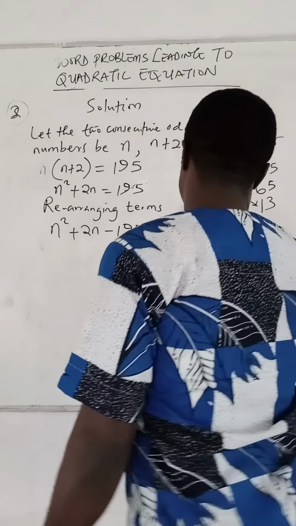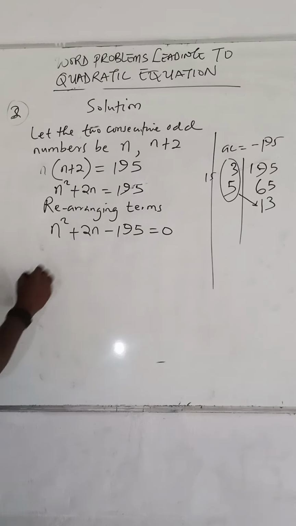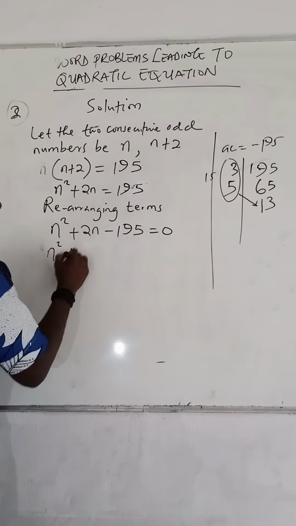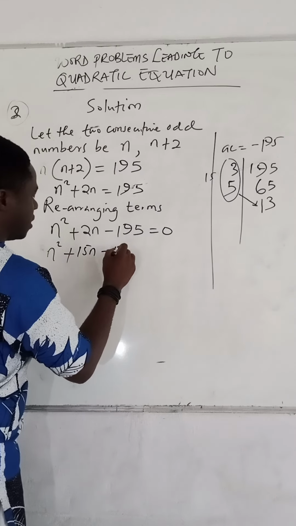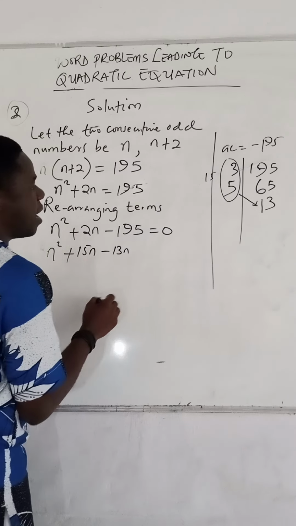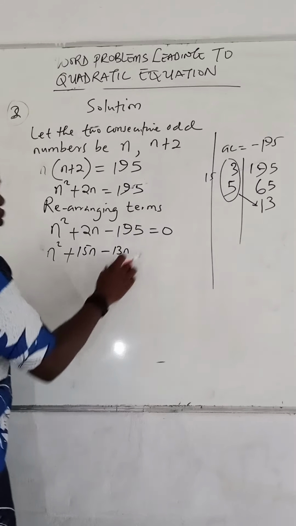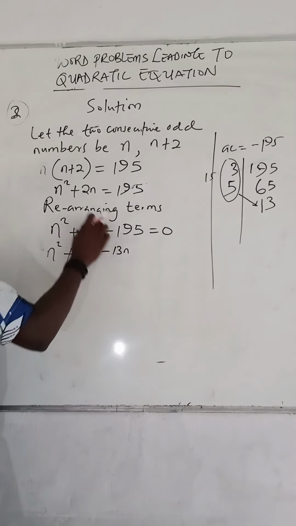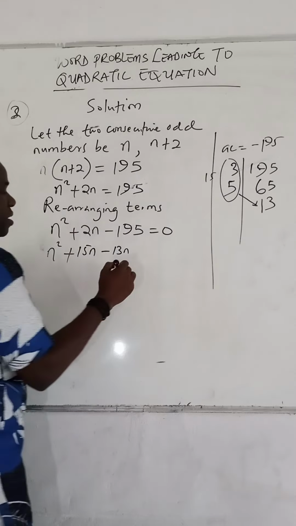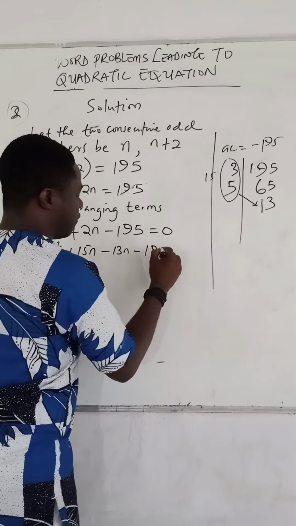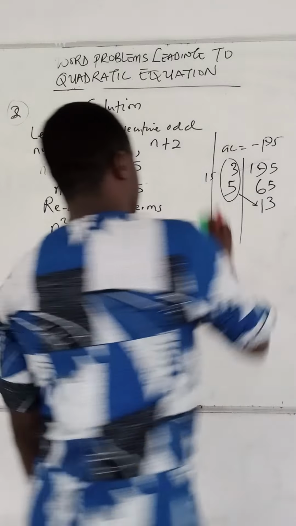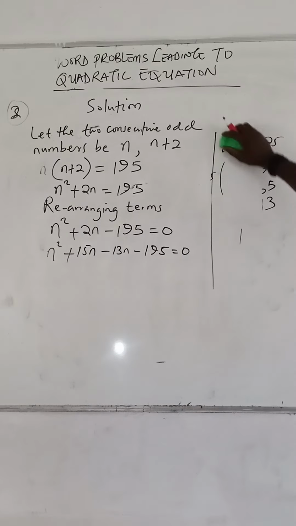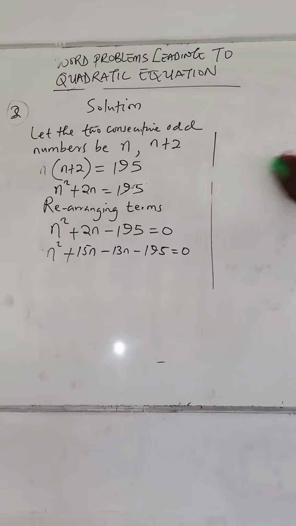Therefore, the two factors are plus 15n minus 13n, which we replace in the middle term, the term in B, then minus 195 equals 0. This is just a rough.